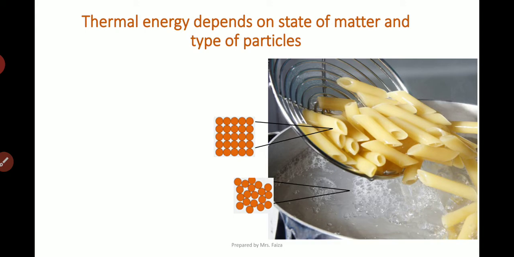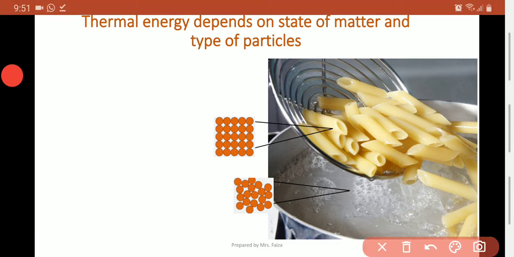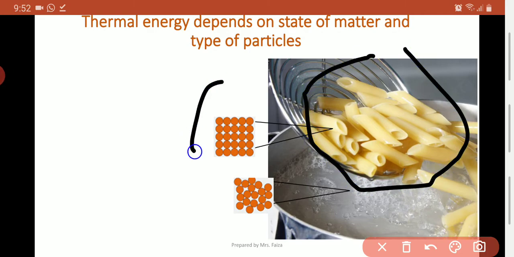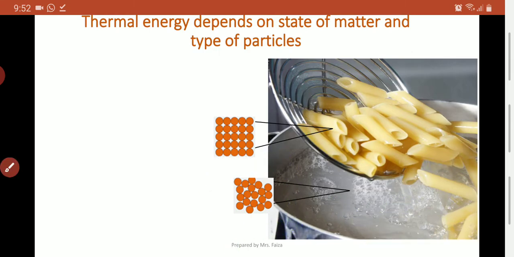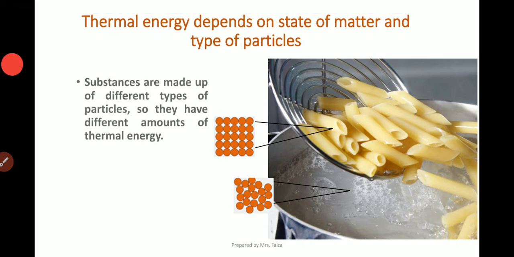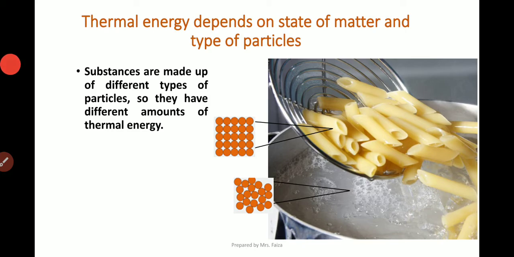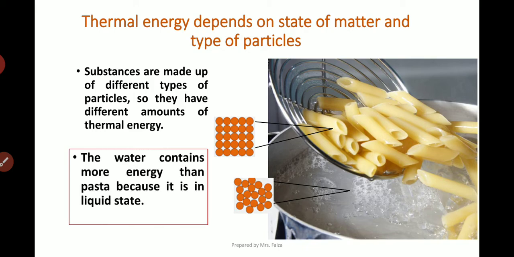Thermal energy depends on states of matter. The pasta in this example is a solid and the water is a liquid. So which one will have more thermal energy? Substances are made up of different types of particles, so they have different amounts of thermal energy. The water contains more energy than the pasta because it is in a liquid state.